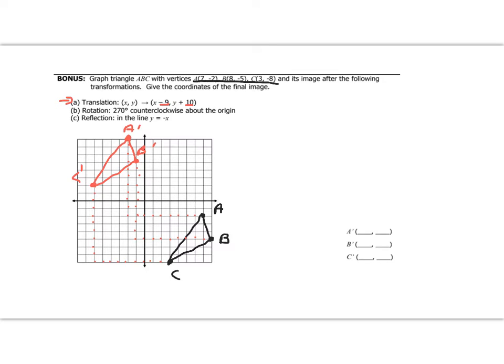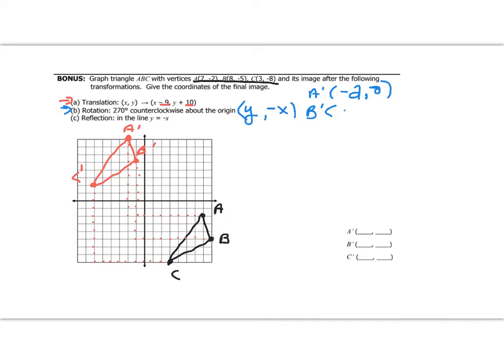Now, the next thing I'm going to do is rotate it 270 degrees. So if you remember with the rotation, you go Y, -X for the 270 degrees. So I need to think about my original one. A is at -2, 8, because I'm going to change them.